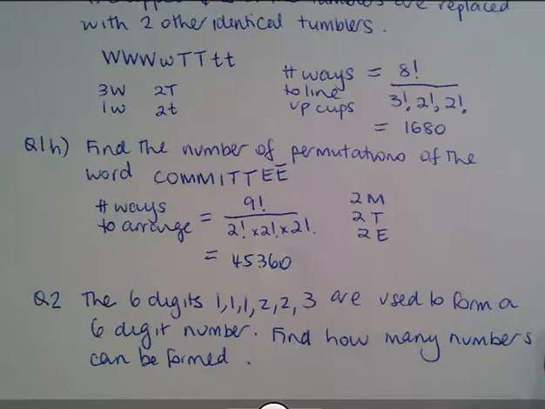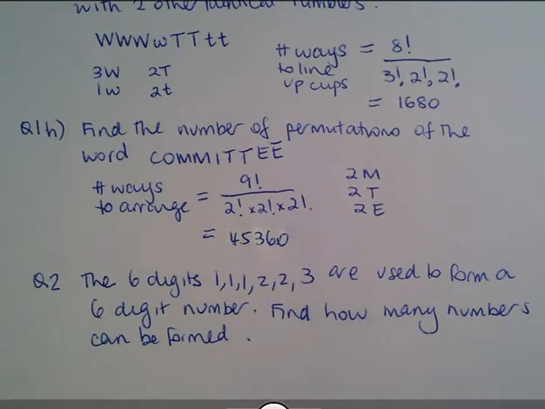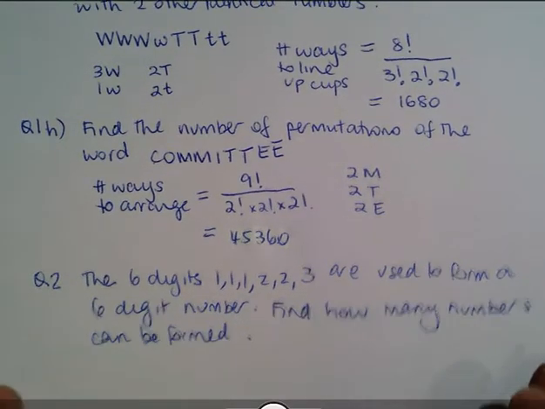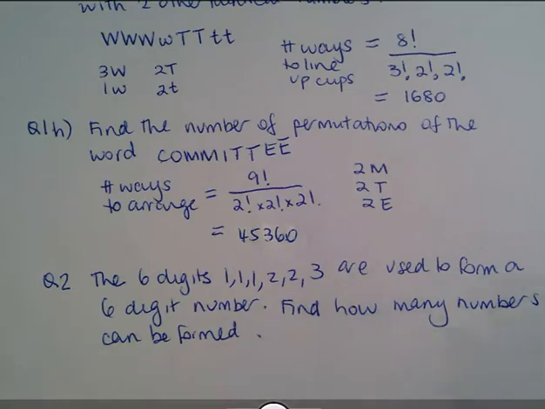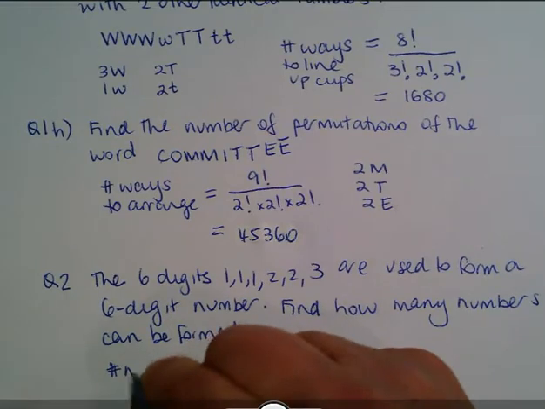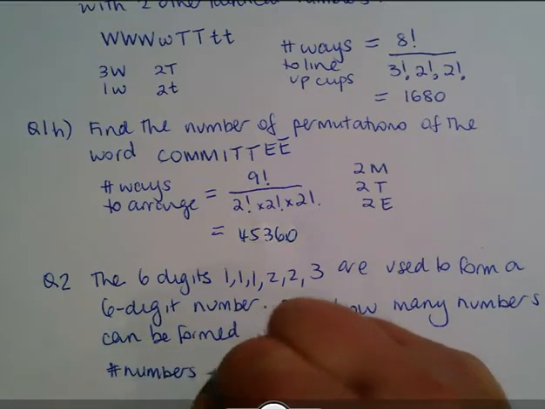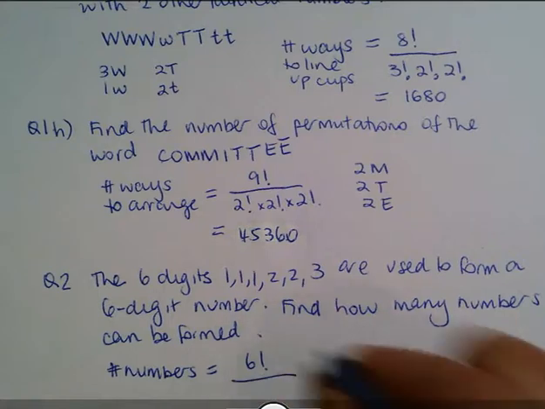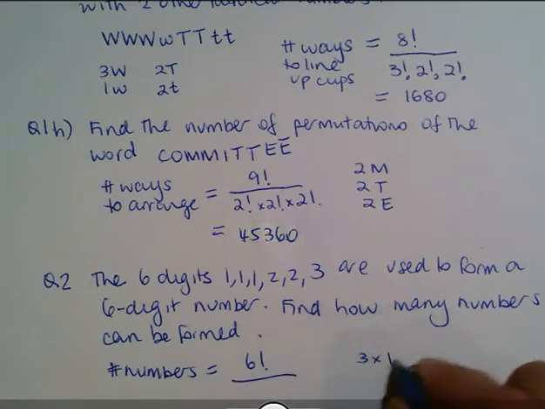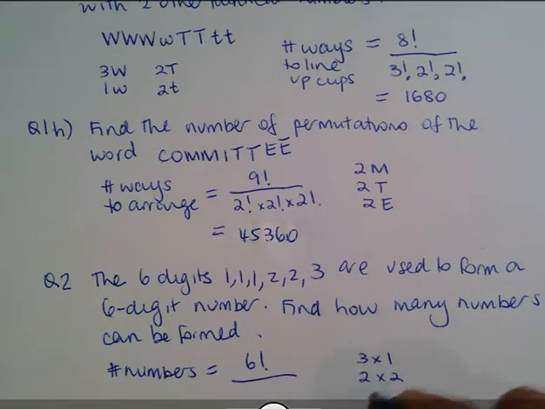Next from the exercise, the digits 1, 1, 1, 2, 2, and 3 are used to form a 6-digit number. Find how many numbers can be formed. So we have to form a 6-digit number, so we're going to be using all the digits. And the number of numbers, again, is the same as before. We've got 3 1s and we've got 2 2s, and we've only got 1 3.